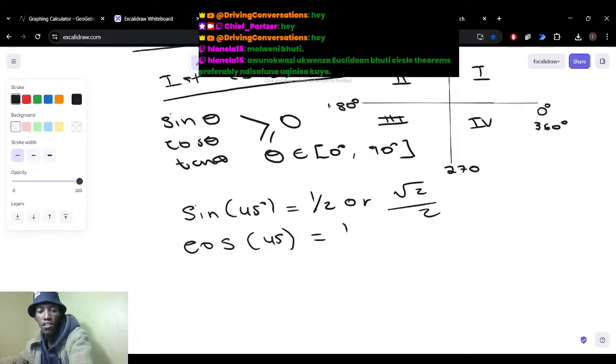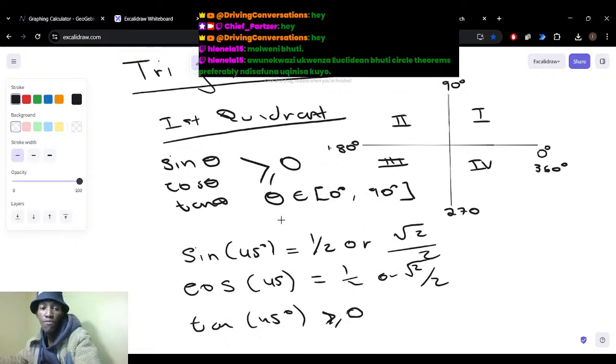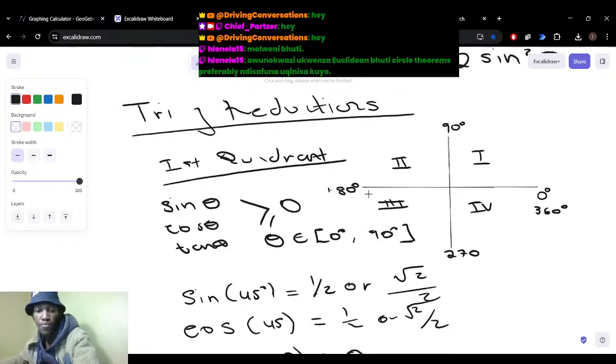The same applies to the others. It will be greater than 0 for any angle between 0 degrees and 90 degrees in the first quadrant.